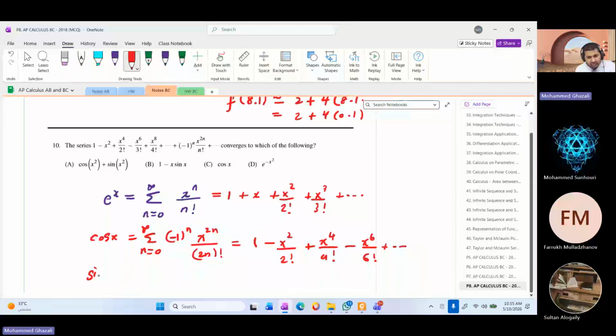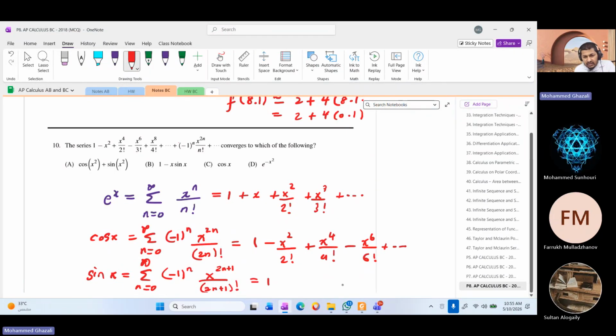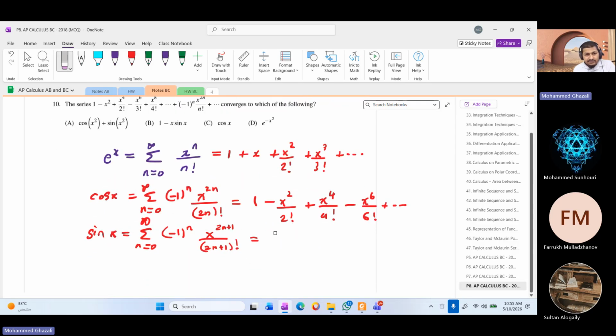And what's the sine function? You got to remember all this. n equals 0 to infinity, negative 1 to the power n, x to the power 2n plus 1 over 2n plus 1 factorial. And that is not 1, it can't be 1. Starting with n equals 0, it's going to start with x.